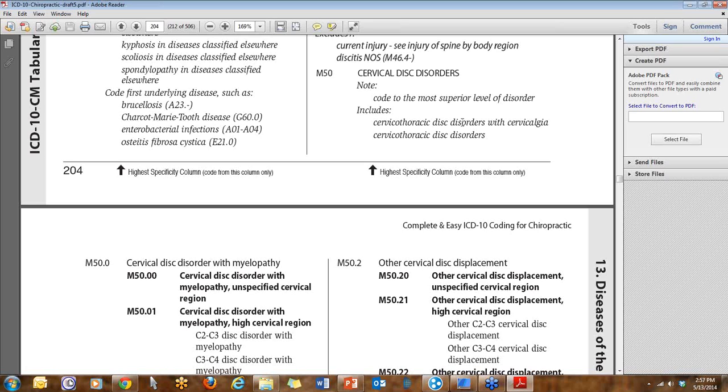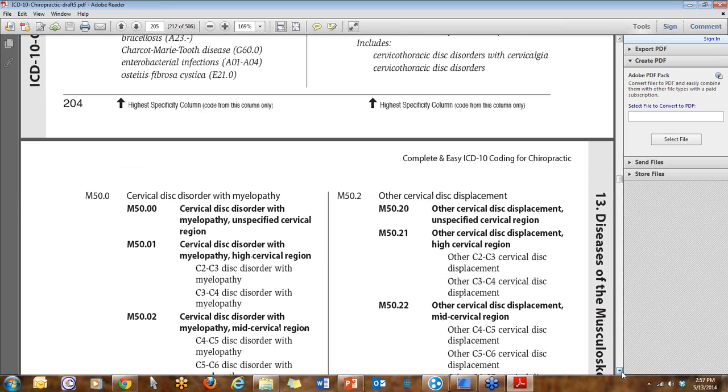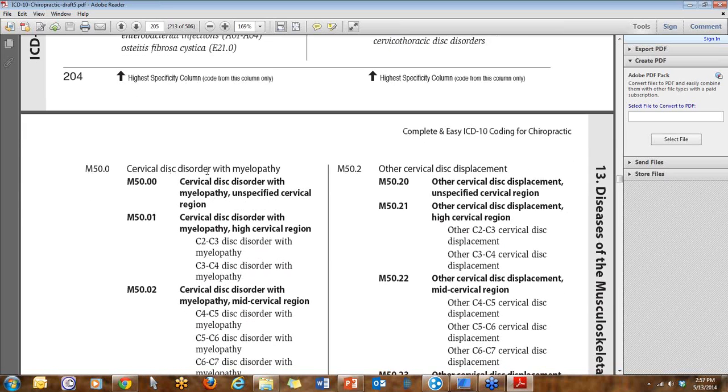So here is a perfect example of an ICD-10 code that replaces 2 ICD-9 codes. All right, so we have cervical disc disorder with myelopathy, unspecified cervical region, or high cervical region. So you see, very, very specific.